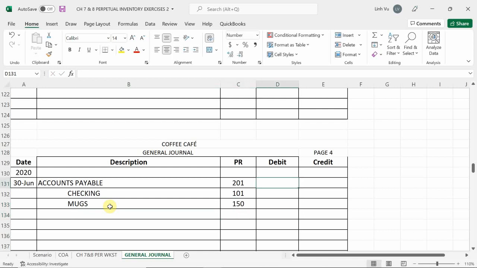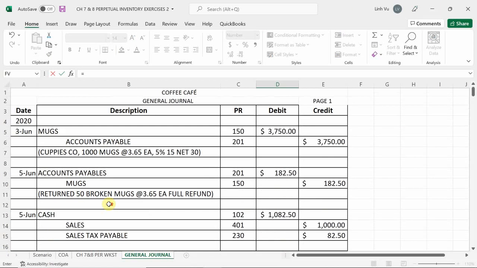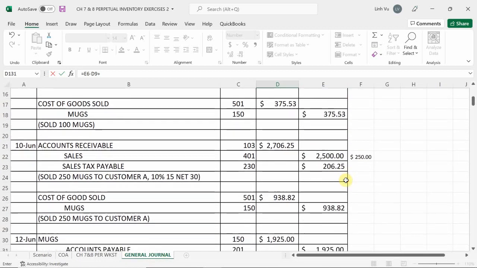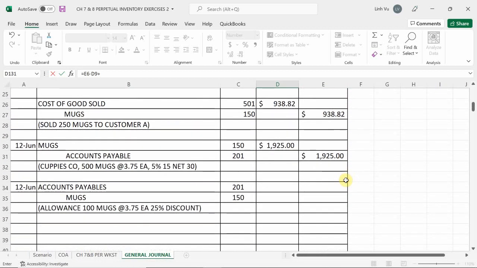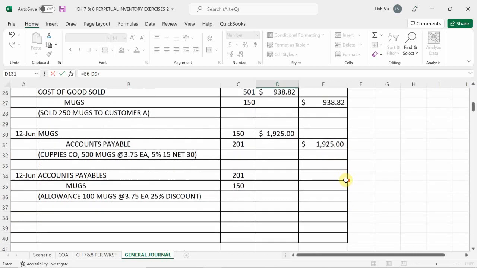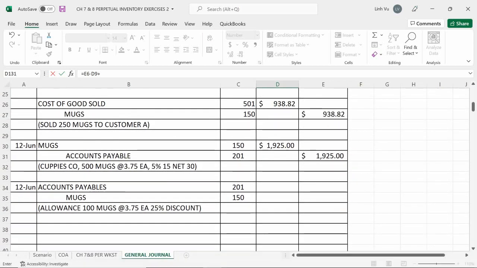Okay, so let's figure out how much we owe in the first place. Again, the first batch of inventory, right? We purchased, we owe $3,750, but we end up refunding $182.50 worth. Okay, our second batch of inventory, right? We purchased it, we racked up another $1,925. But we end up getting a discount.